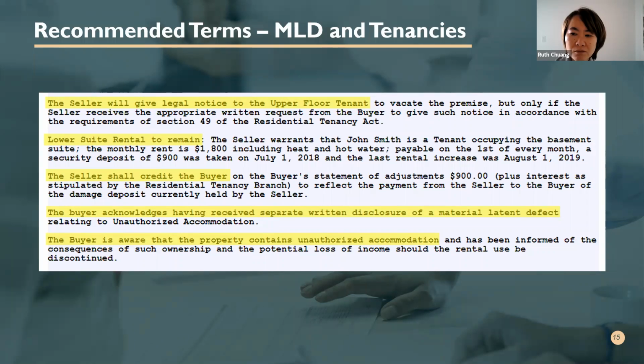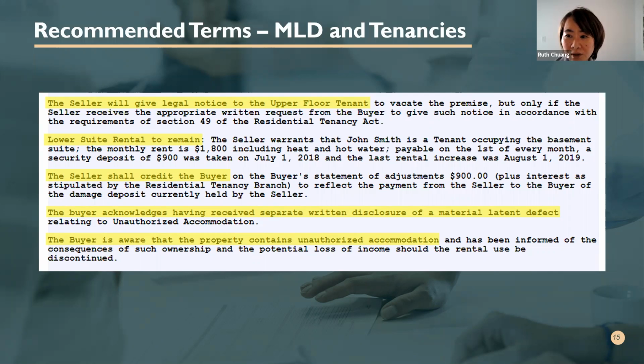Yeah, okay. So Rob, if you're thinking about the clause like number 5 for possession, the important thing is to make sure that you, as Steve's contract here says, lower suite tenant to remain. Then the clause is here, and we're going to try our very best to satisfy section 49.